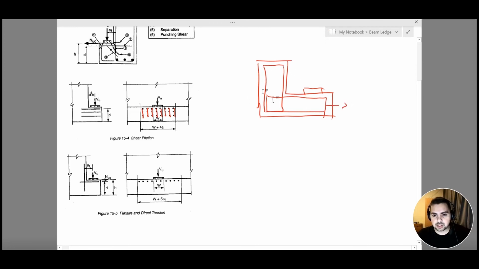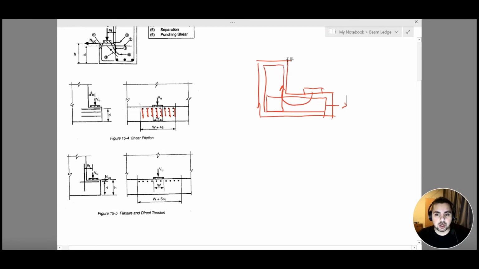Now, this stirrup, we need to take into consideration that this leg here, this right leg, is also going to resist the combined effects of shear and the Vu times a tension that is being applied, the tension that is being transferred from here to here. We need to take that into consideration.